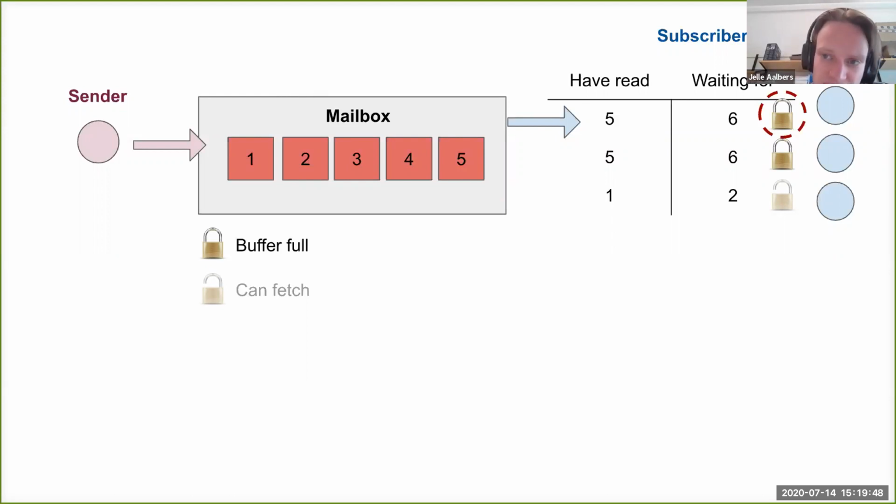And this thread will then churn through these 5 messages and do whatever it needs to do with them. It gets locked. If it were to finish those 5, then it can't just progress because it's waiting for 6. Buffer's still full. Nothing can get cleaned because this guy still hasn't read any more messages.